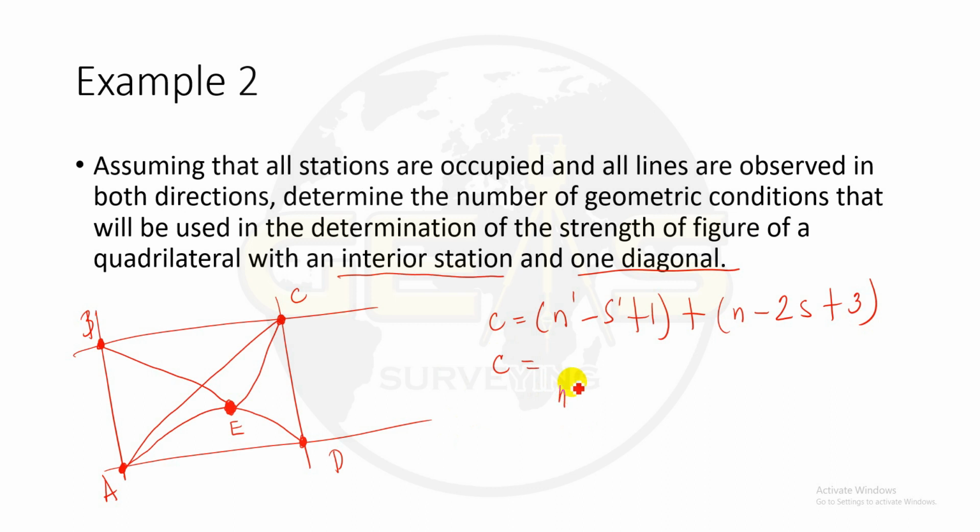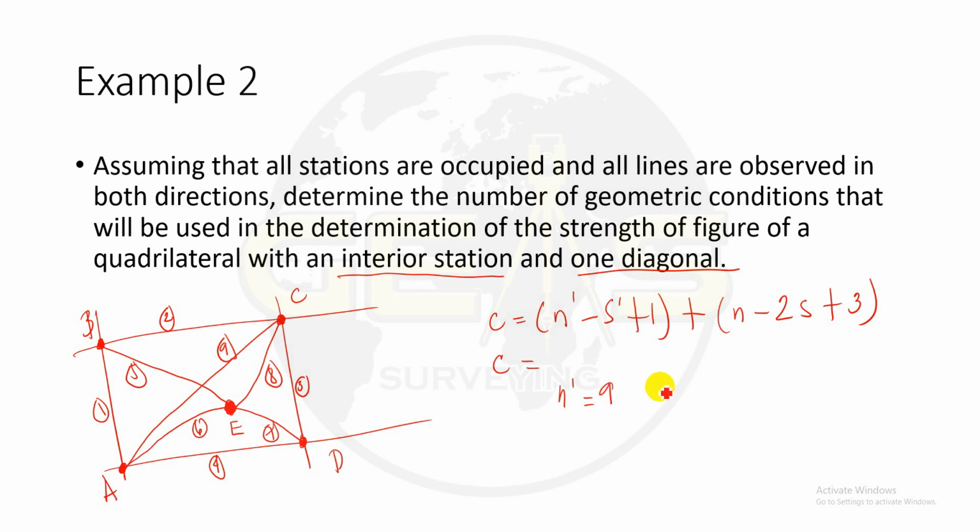Okay. Let's count the lines observed in both directions. Okay, 1, 2, 3, 4, 5, 6, 7, 8, 9. So the lines observed is 9.